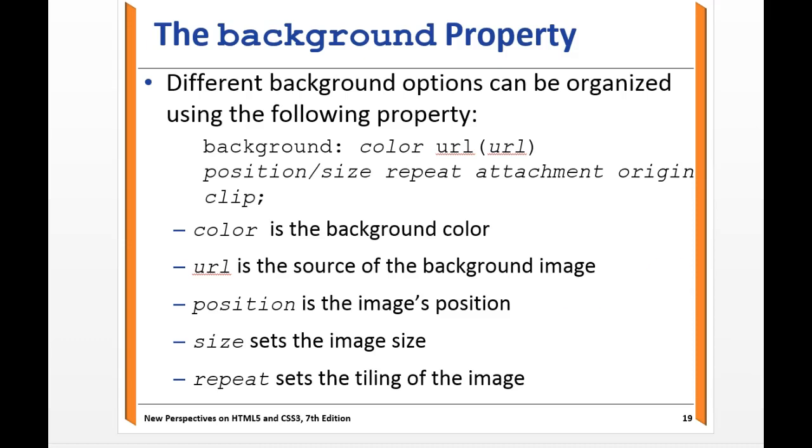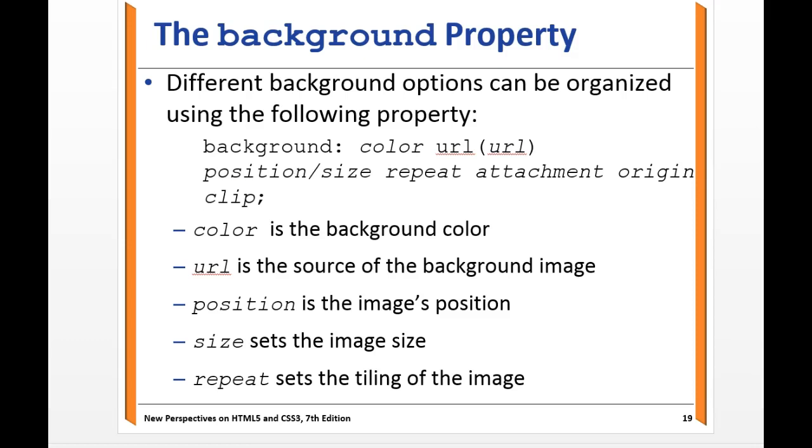So we are going to summarize all of these background properties. Different background options can be organized by using these properties. You can put the background, either the color, position, size, repeat, attachment, origin, clip, and all that. You can put all of this in one.